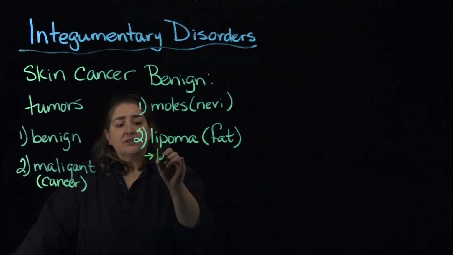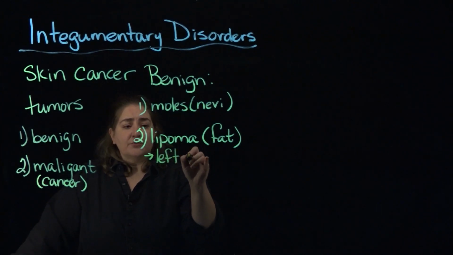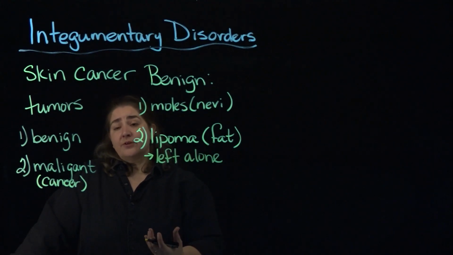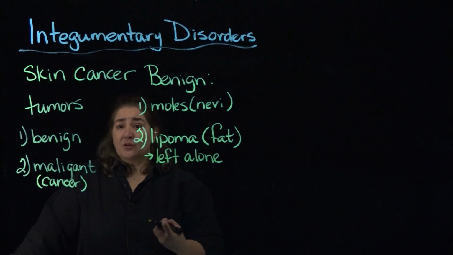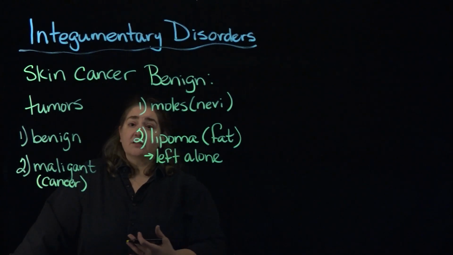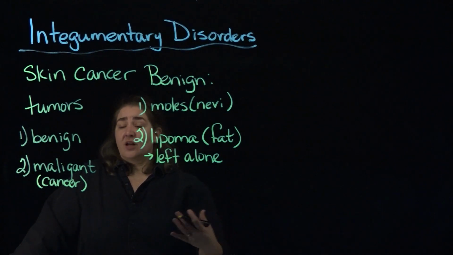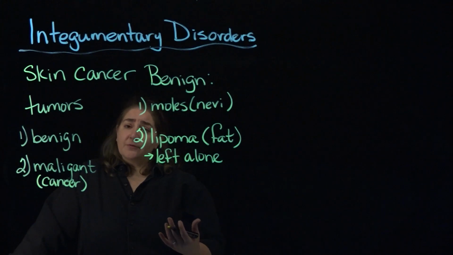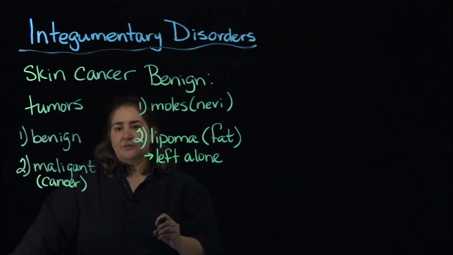So the treatment for those is to leave them alone, unless they're interfering with something else on the individual, like if it's in a location where your clothes are, along the waistband of pants, or the bra line if you're female. But if it's not interfering with anything, typically they're left alone.